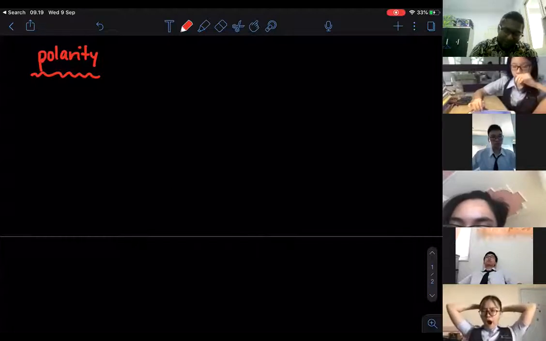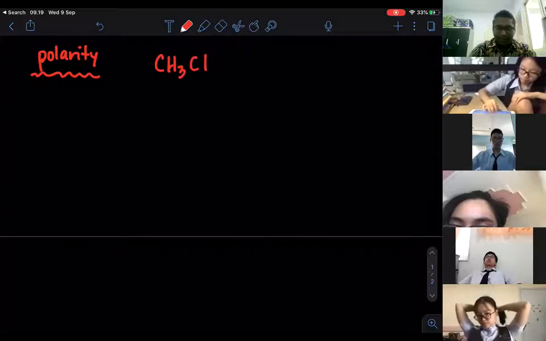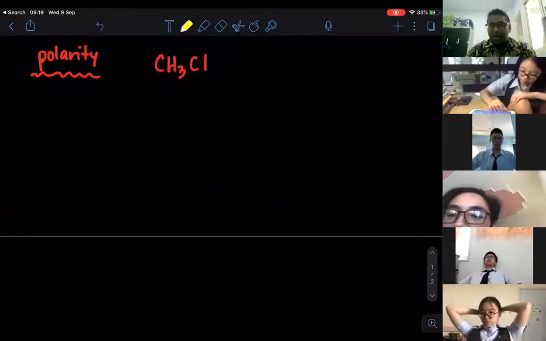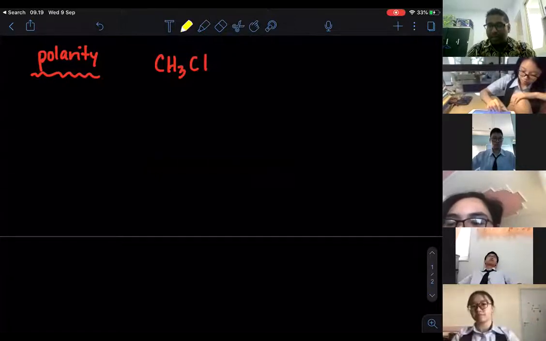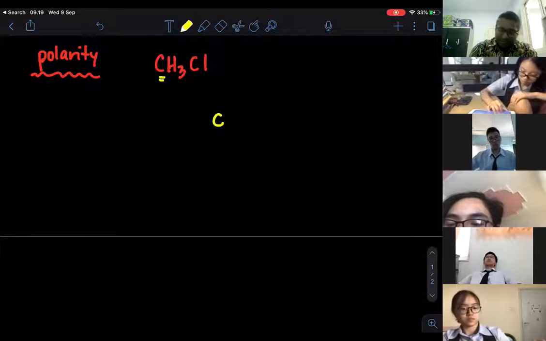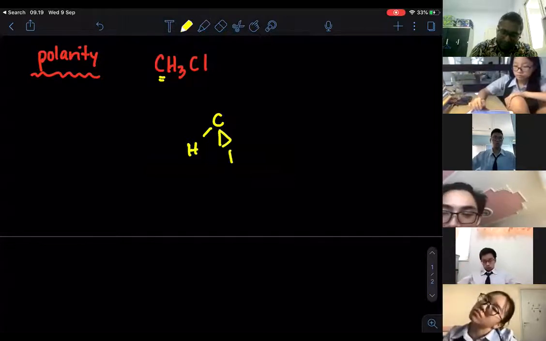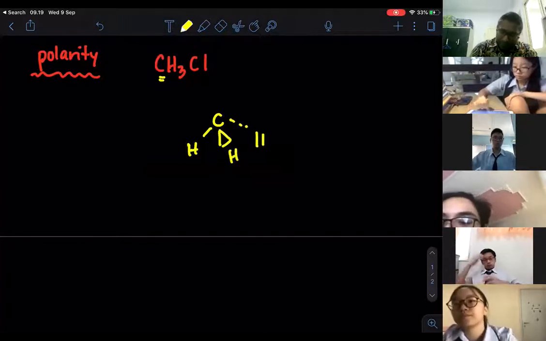So if I have CH3Cl, how do we determine whether this molecule is polar or non-polar? So this is going to be carbon. Carbon is bonded to 3 H, so you have H, another H, and then there is one Cl.